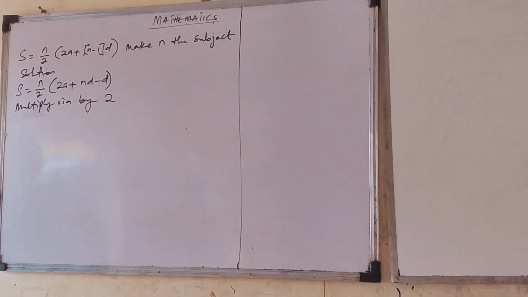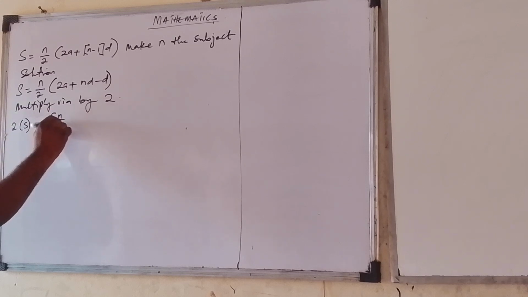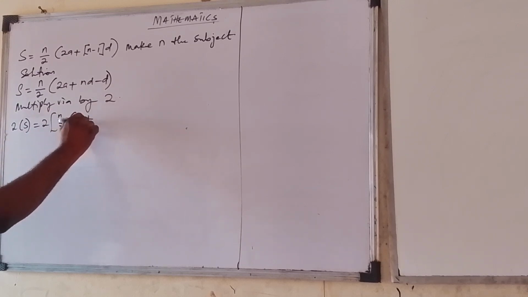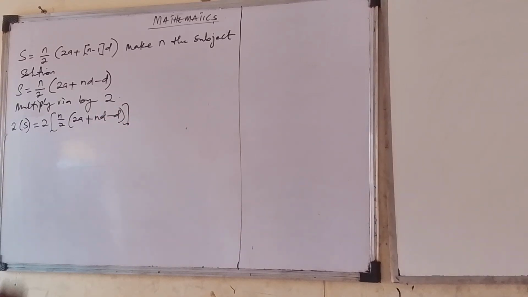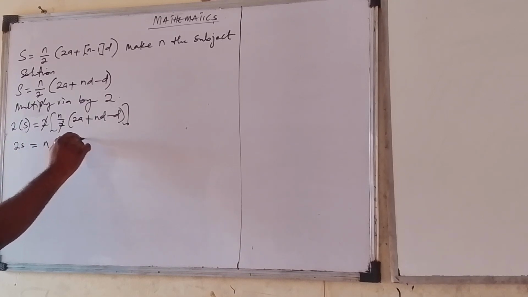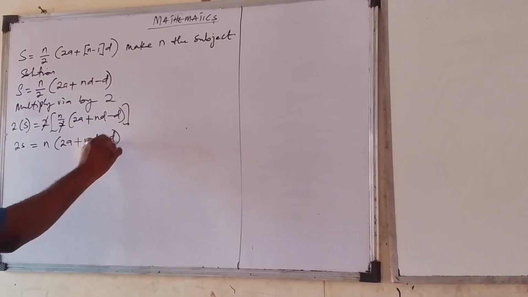So if we're multiplying through by 2, we have 2 in bracket s is equal to 2 in bracket n over 2, then we have 2a plus nd minus d, the whole of this. Those 2 will go with those 2. So here we'll be left with 2s is equal to n in bracket 2a plus nd minus d.